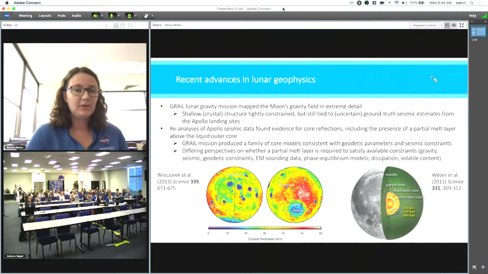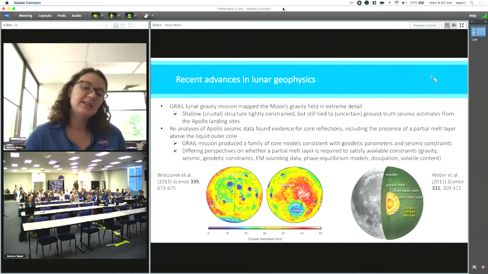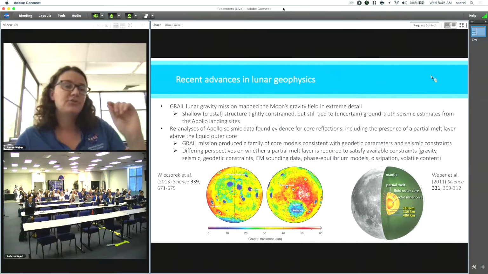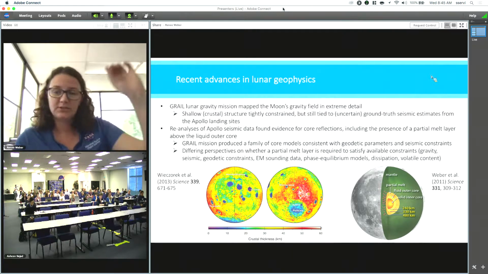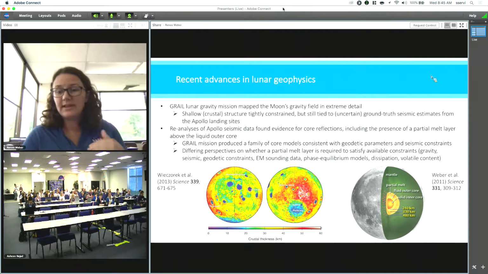So looking at the deep structure from Apollo seismic data, my work and those of my colleagues in 2011 found evidence for core reflections in the seismic data. So that would be seismic energy that, rather than traveling directly from the source to the surface, instead also travels down, interacts with the core, and reflects back to the surface. And there was evidence of layering in the core.